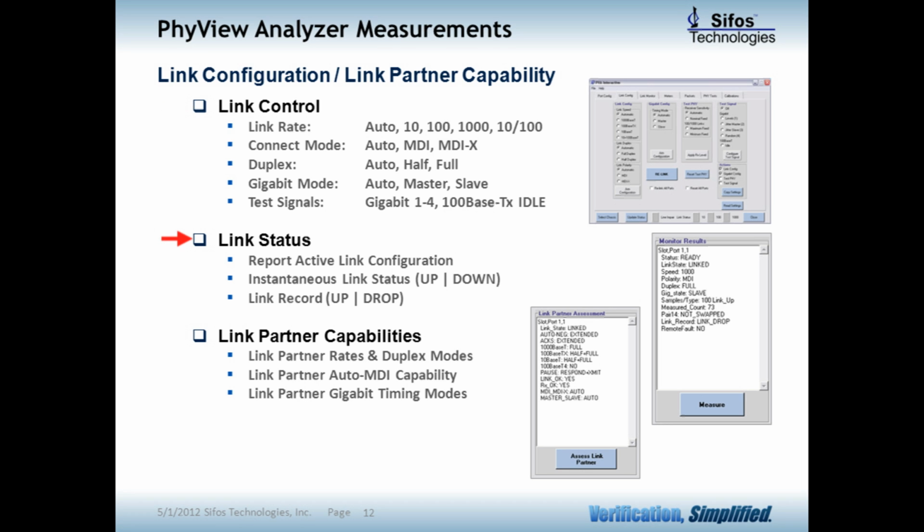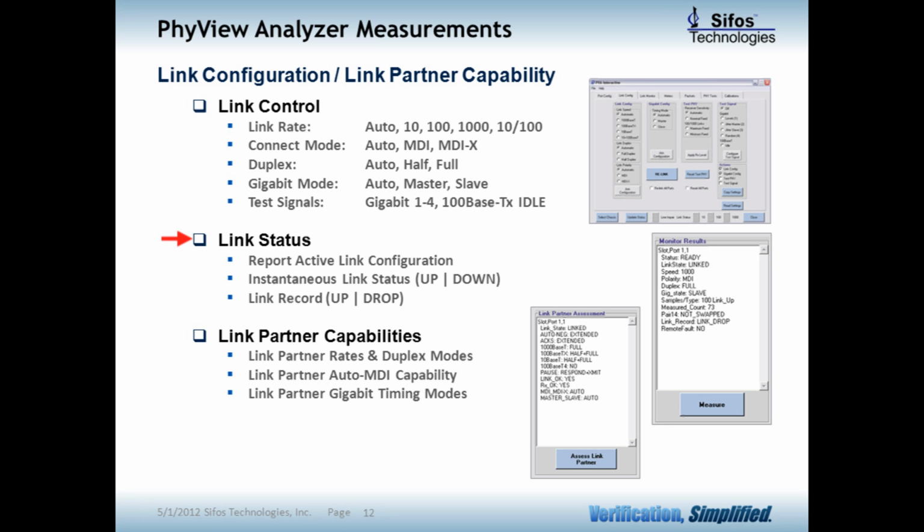Link status reports the active link configuration and state. Configuration includes link rate, connection mode, duplex mode, and gigabit timing mode. Link state indicates the current link condition, that is, linked or unlinked, and link record reports history of link status since the previous measurement, whereby one or more link drops will report as dropped.